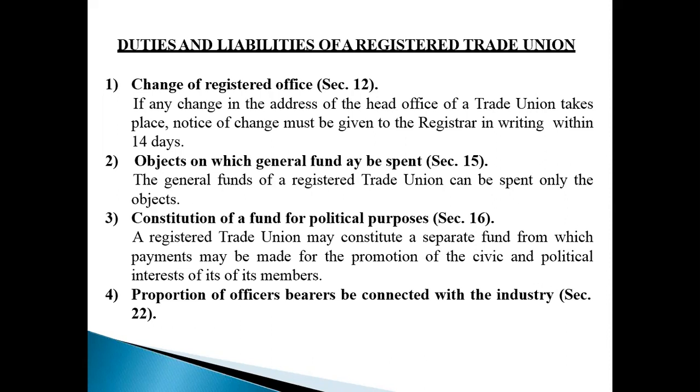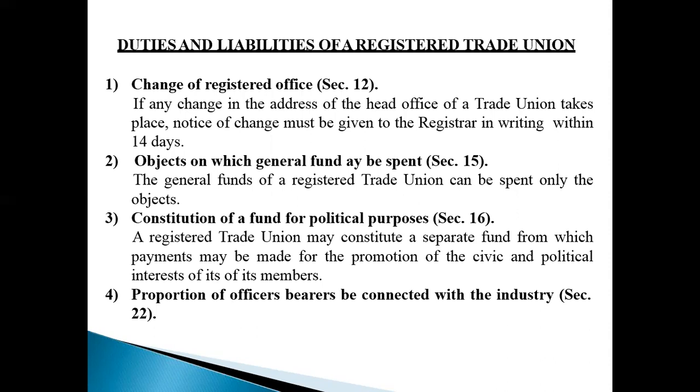Then constitution of a fund for a political purpose, section 16. A registered trade union may constitute a separate fund from which payments may be made for the promotion of the civic and political interest of its members, right? So what exactly does this section 16 mean?